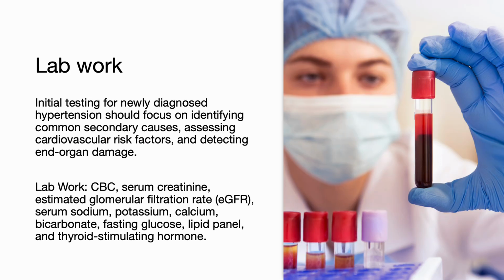Initial testing for newly diagnosed hypertension should focus on identifying common secondary causes, assessing cardiovascular risk factors, and detecting end organ damage. Lab work includes CBC, serum creatinine, estimated GFR, serum sodium, potassium, calcium, bicarbonate, fasting glucose, a lipid panel, and a TSH.